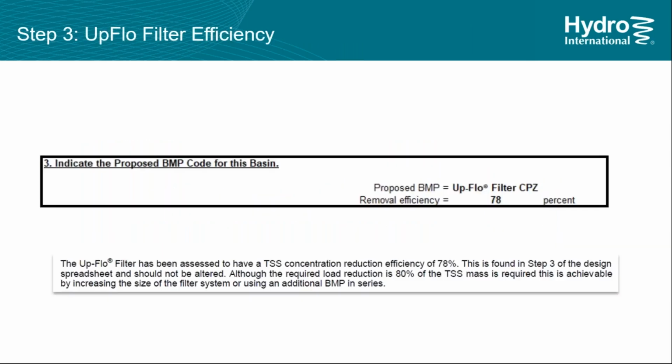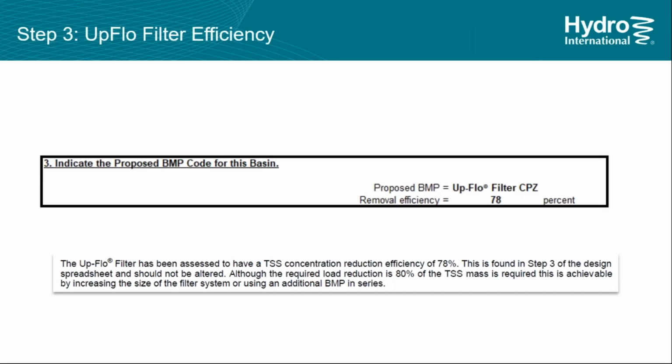Now we're going to go to step 3, which addresses the Up-Flo filter efficiency. I've had a lot of questions here, so I'll explain a bit of the 78% removal efficiency you see. The Up-Flo filter has been assessed to have a TSS concentration reduction efficiency of 78%.